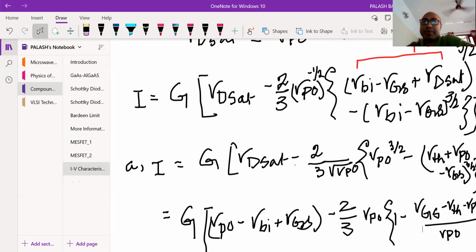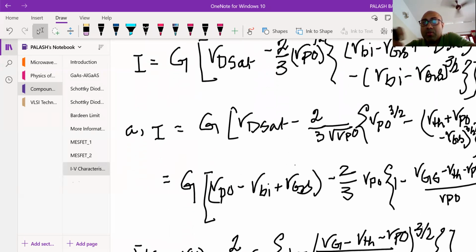V threshold plus VP0 minus VGS. Okay, so I can write VGS minus VGS VP0.